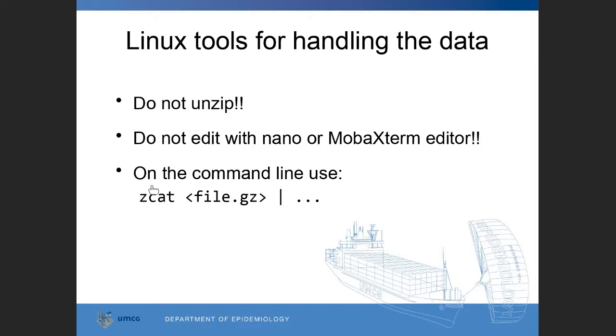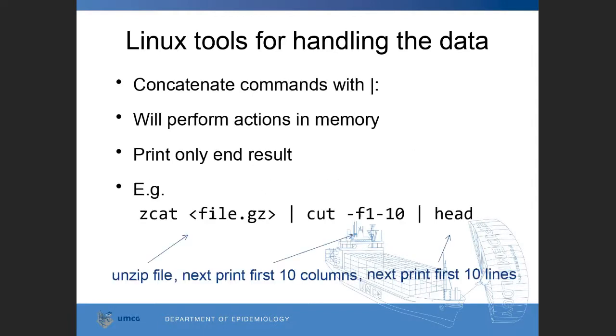If you do it like this, it will unzip the file in memory and then execute additional commands on this file. As I said, you can concatenate commands with this vertical slash, and then it will perform actions in memory and only print the results of the last command.